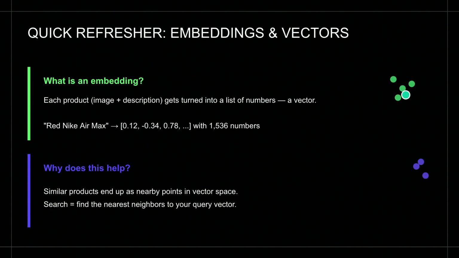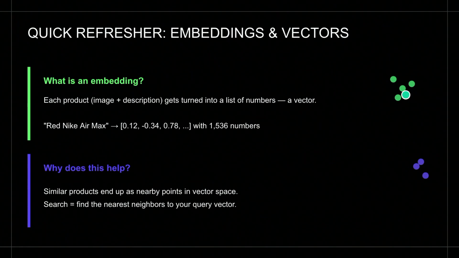So that's a vector. For example, red Nike Air Max will be converted into 0.12, negative 0.34, 0.78, around 1536 numbers if you are converting that into a vector space of 1536 dimensions.